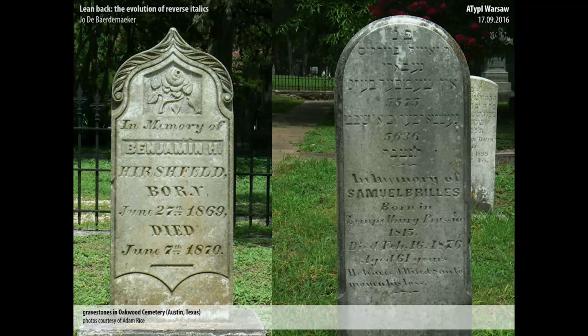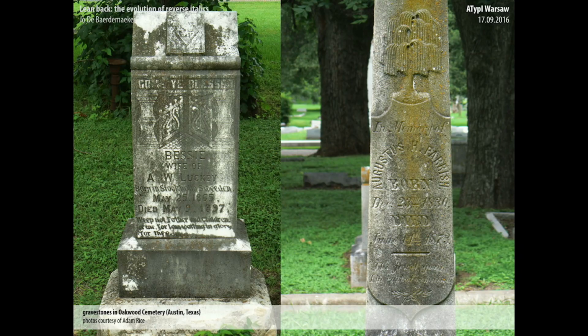Specific use of reverse italics, apart from the posters, where it was randomly used, you can actually see in stone engravings of gravestones. This specific cemetery in Oakwood features quite a lot of these beautiful examples, and it is mainly used to indicate either the word born or died, to show when the person died and was born, and sometimes also some epigraphs.